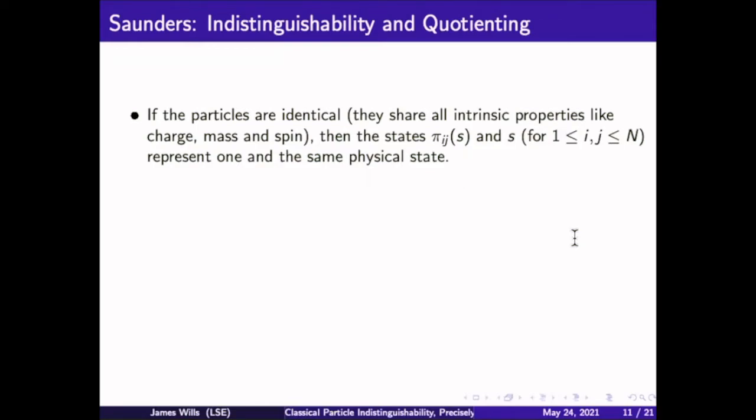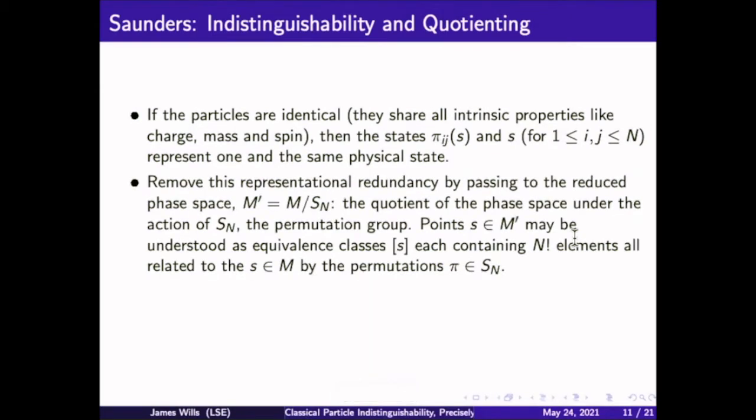Then the state and its permuted version represent one and the same physical state, one and the same physical situation. Therefore, the manifold is overrepresenting the physical states. There's representational redundancy in this phase space. So let's remove it. Remove the representational redundancy by passing to the reduced space, which is the quotient of M under the action of the permutation group.